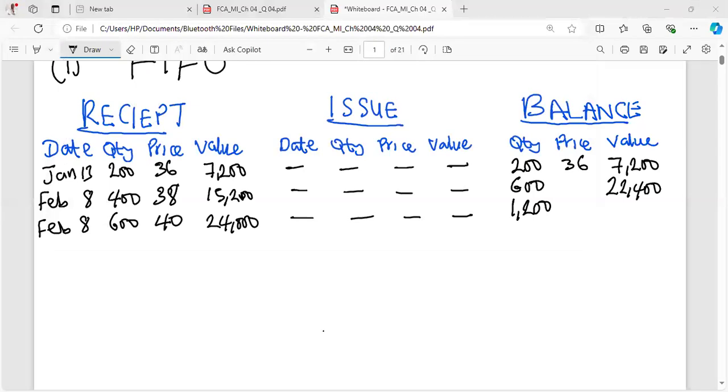So we have 24,000 plus 22,400. That gives me 46,400. That's the balancing figure here, 46,400.